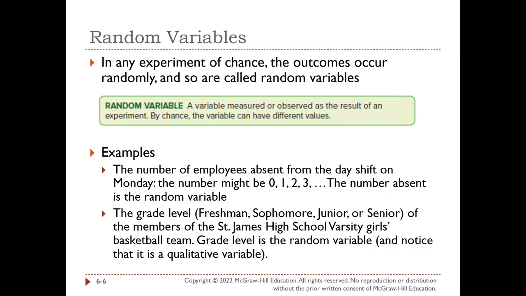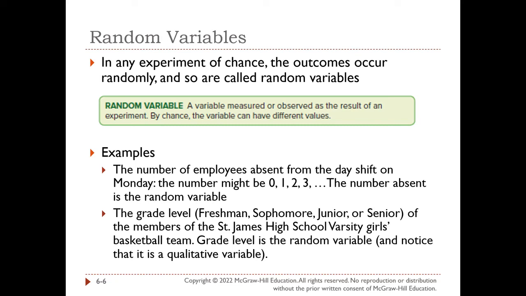Random variables. In any experiment of chance, the outcome occurs randomly, and so these are called random variables. Random variables can be measured with quantitative variables or qualitative variables.